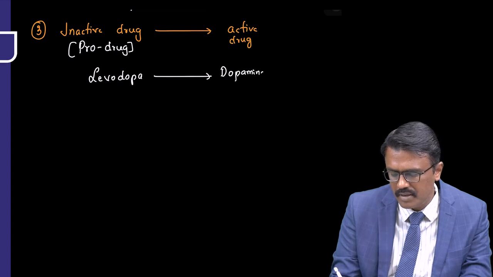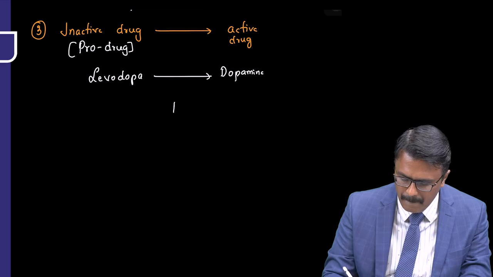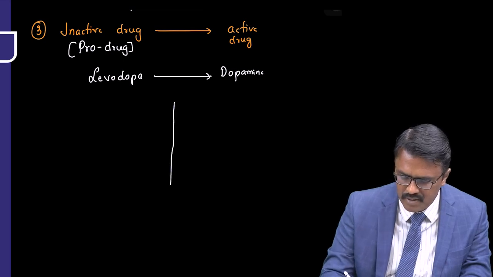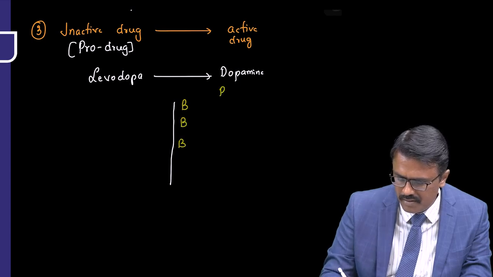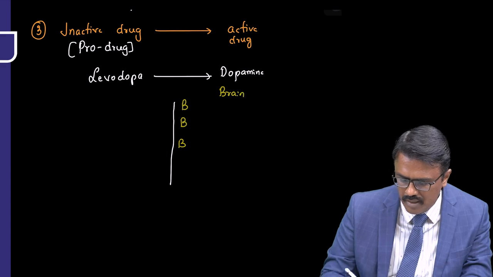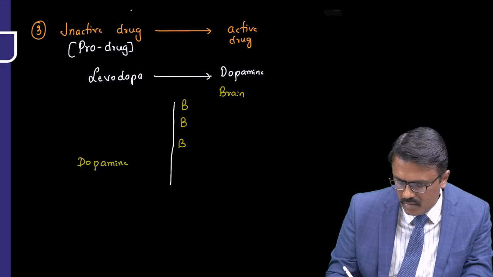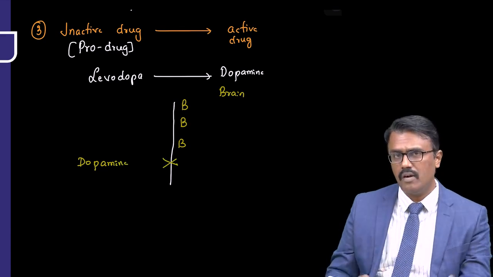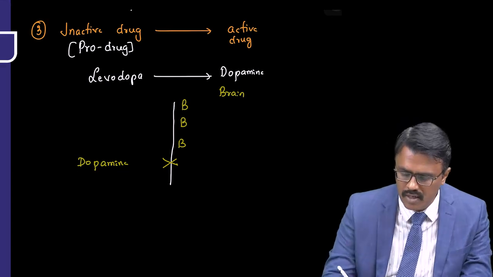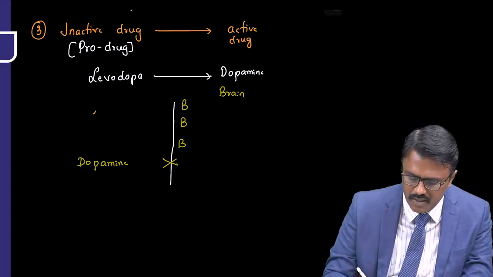But how will that help, sir? Suppose this is the barrier. This is called the blood-brain barrier. And this is the brain. When we give dopamine to the patient, dopamine will not be able to enter. It will not cross. So I cannot give dopamine. So what I do is I will give levodopa.